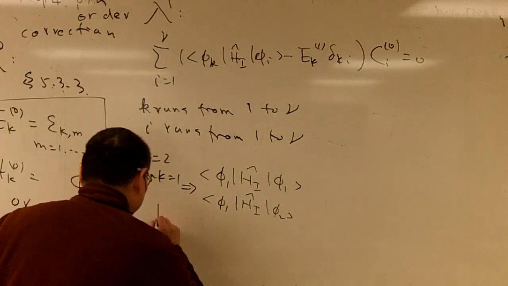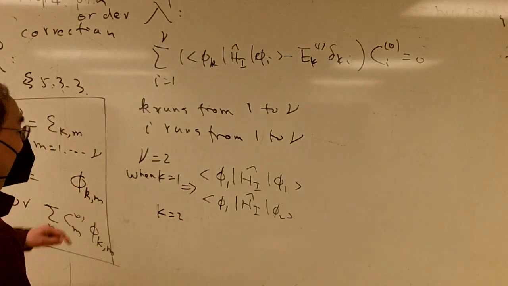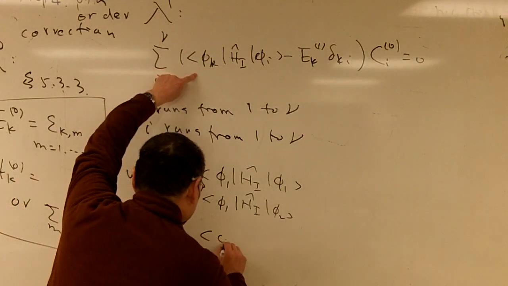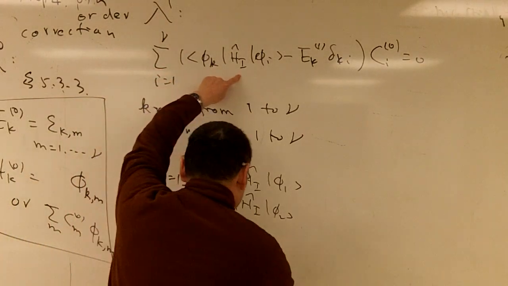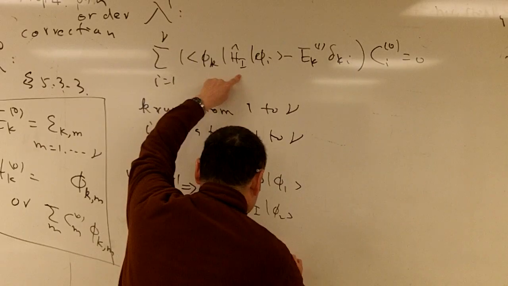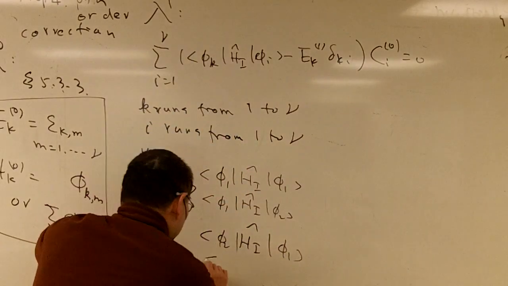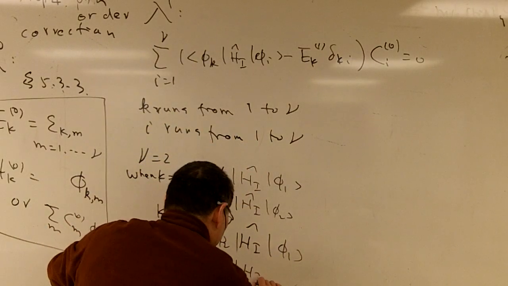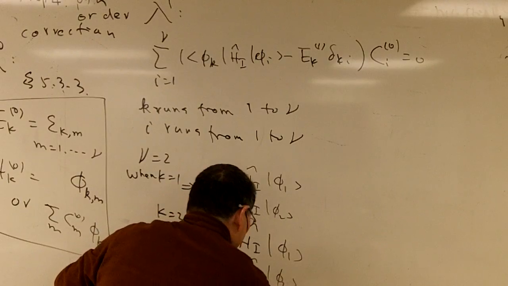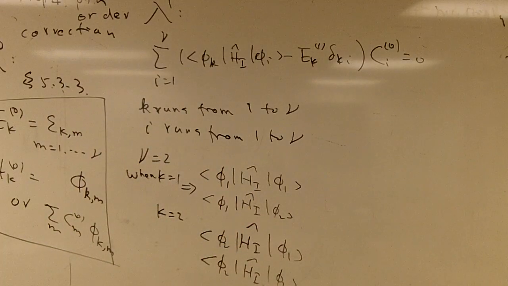Now, on the other hand, if k equals 2, then the first one will be phi 2, H hat, phi 1. The second element will be phi 2, H hat, phi 2, like this. Did you see it? So now you can notice that here are the matrix elements 1,1, 1,2, 2,1, 2,2.